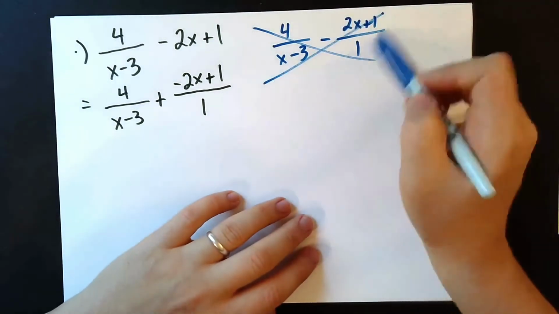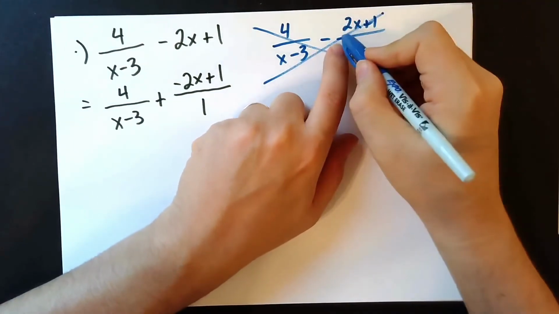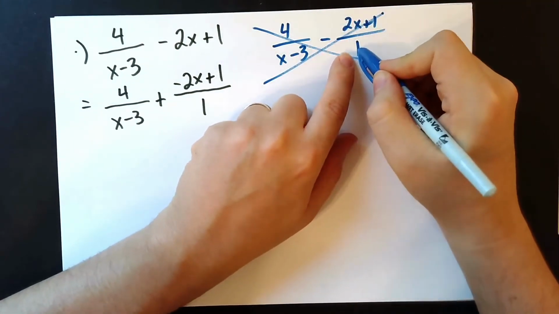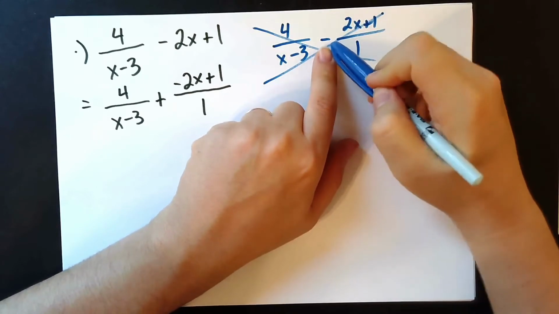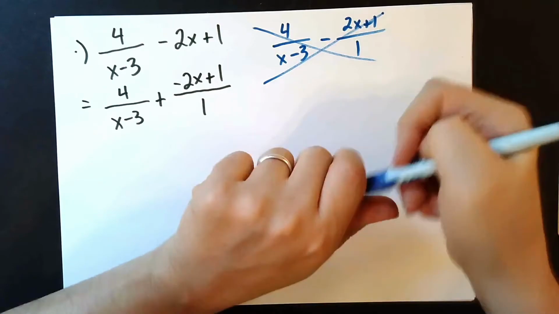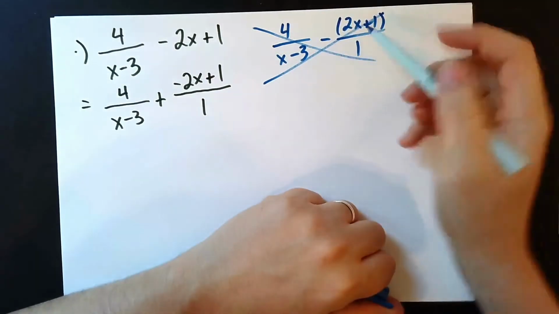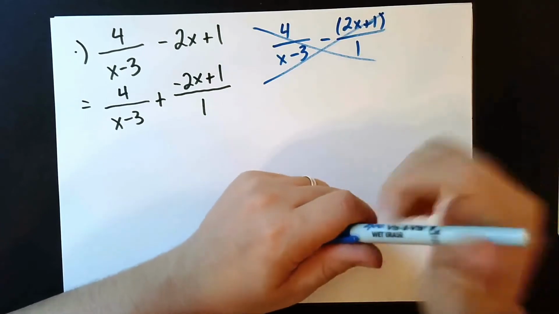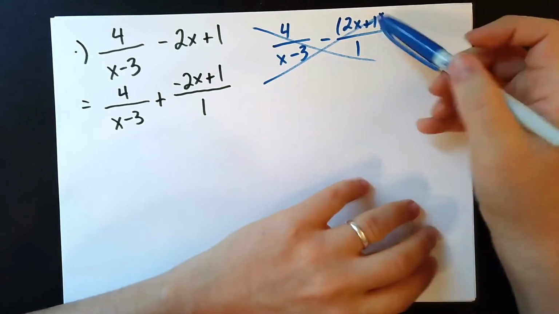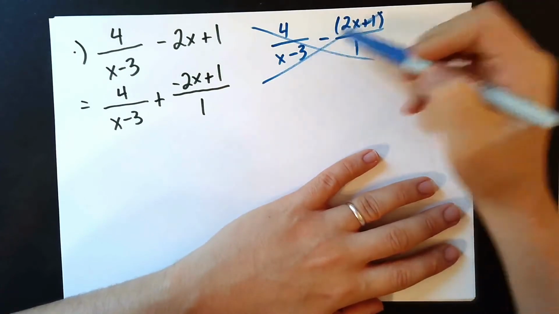The reason why this isn't correct is because now this minus, because I've written this as a single fraction divided by 1, this minus is actually being applied both to the 2x and the 1, because implicitly I have grouped these things together like they were in parentheses by putting them over a common fraction bar. So when you're doing this kind of thing, be extra careful with how you handle your minus signs.